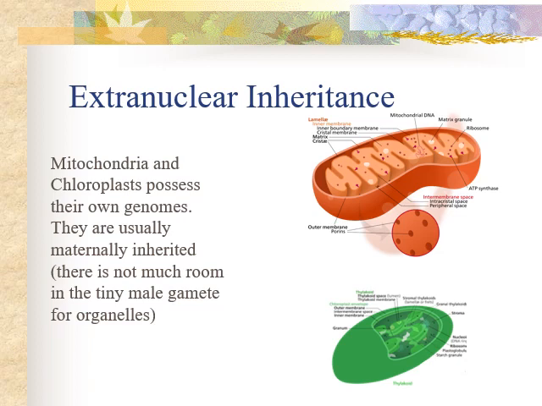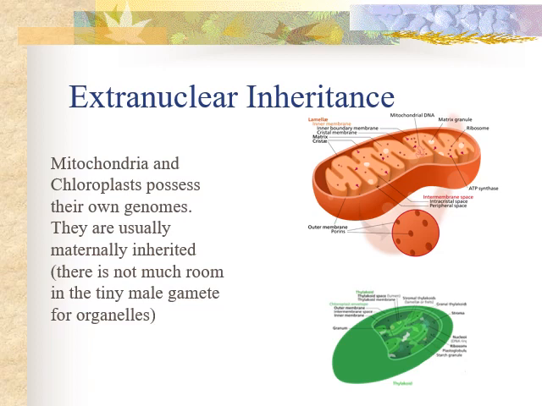Sperm are really small. The egg is gigantic and filled with the machinery of life. So because each of those possessed its own unique DNA, it's going to be inherited along the matrilineal line.